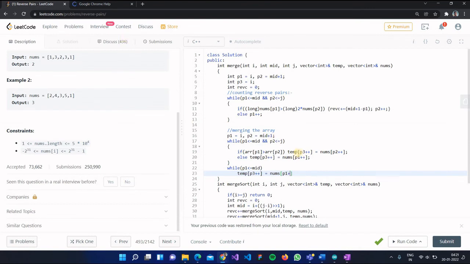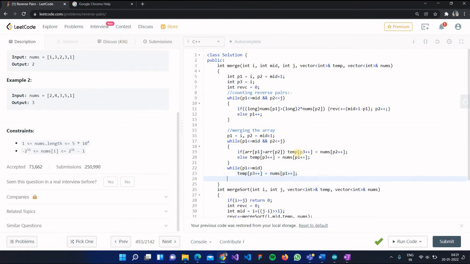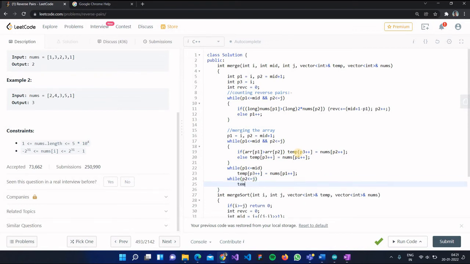Okay, if p1 is less than equal to mid, then we're going to put all those left values in this first section to temp, and if p2 is less than equal to j, we're going to put all the leftover values in the second section to temp. As simple as that. We did that.